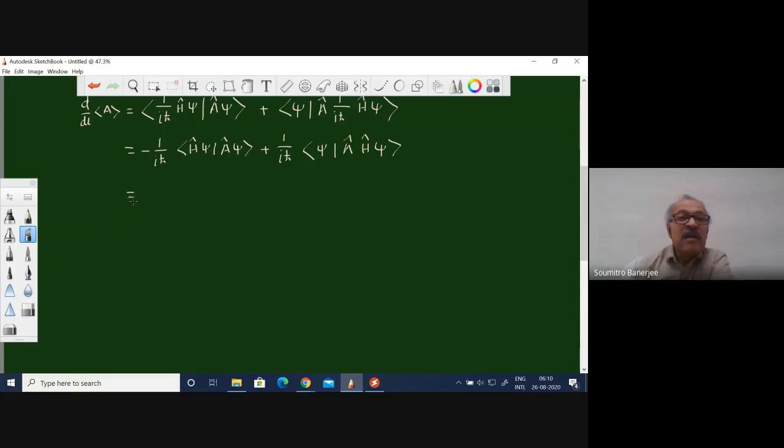The Hamiltonian operator is obviously a Hermitian. So we can write it as minus 1 by i h cross. It is psi, bringing this here, H A psi, plus 1 by i h cross psi A H psi.